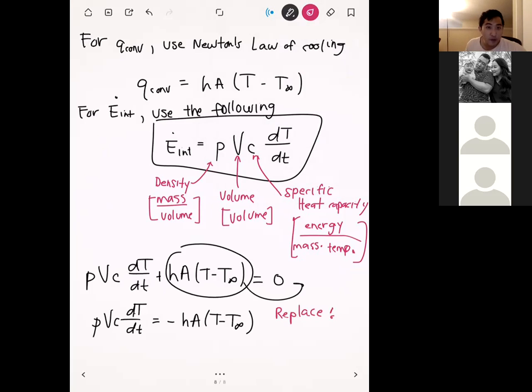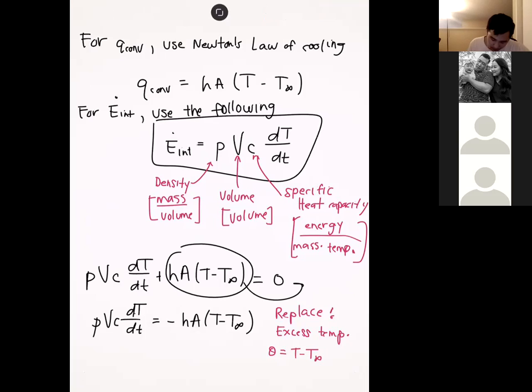Since we have this T minus T infinity, just like we did with our fin equations, let's do things in terms of theta, which is our excess temperature. Theta is equal to T minus T infinity. That helps us simplify this quite a bit. So in the end, we have rho V C d theta/dt is equal to minus hA theta.